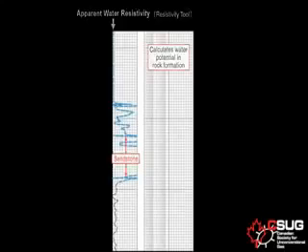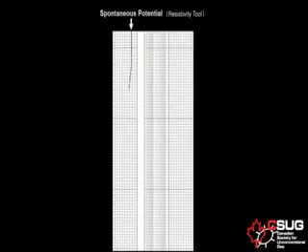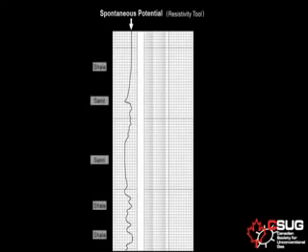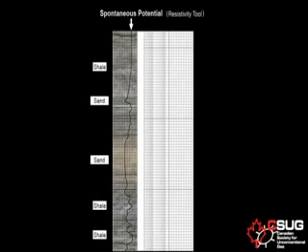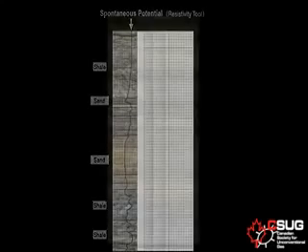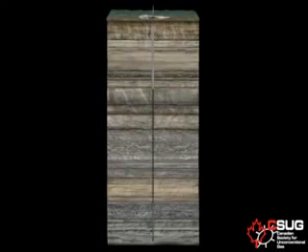This next reading, called the spontaneous potential curve, shows geologists when the instrument passes from one rock formation to the next. The spontaneous potential tool uses two sensors, one at the surface and one down the hole, to compare the natural electrical charges at the surface with the underground rock.